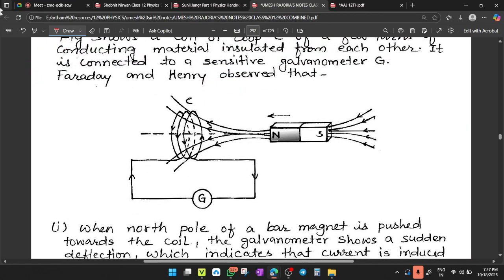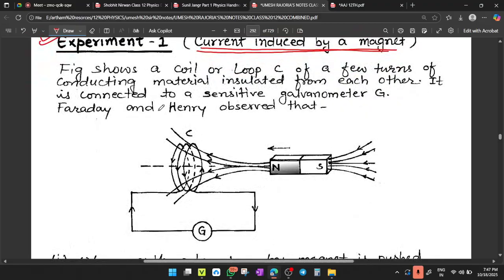The figure shows a coil or loop C of a few turns of conducting material, insulated from each other. Yes, all the turns are insulated from each other. It is connected to a sensitive galvanometer G. Faraday and Henry observed this.